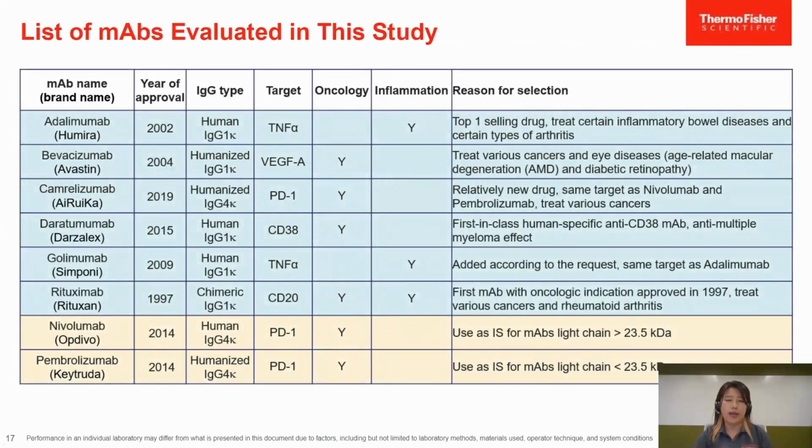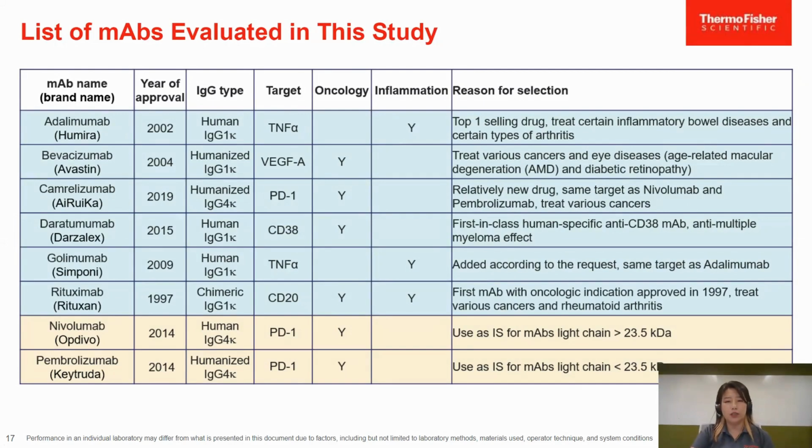This is the list of the mAbs evaluated in this study. We target 6 mAbs, highlighted in blue here, from adalimumab to rituximab. We have a good combination between oncology and inflammation treatment drugs, and also a combination of legacy and newly approved drugs.